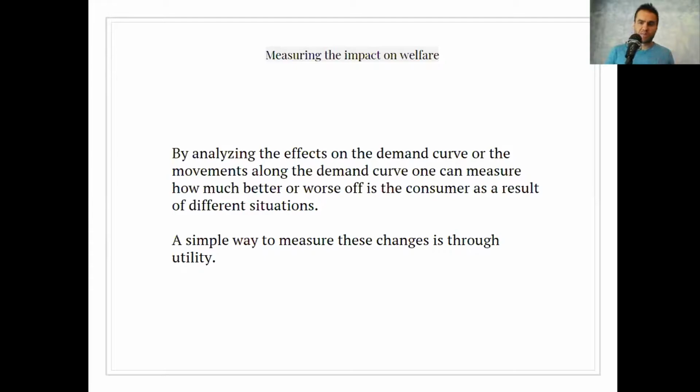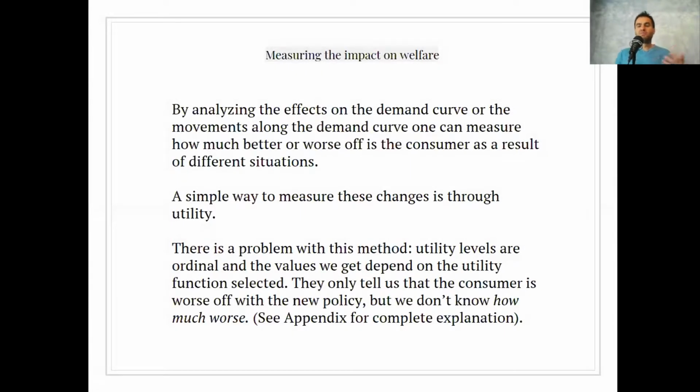I mean, it would give you the correct number for that particular equation with regards to the units you are inputting. But having a 5.3 utility doesn't tell you anything. And it's really hard to measure welfare that way because we have no idea what a 5.4 or a 5.35 utility means in real life.